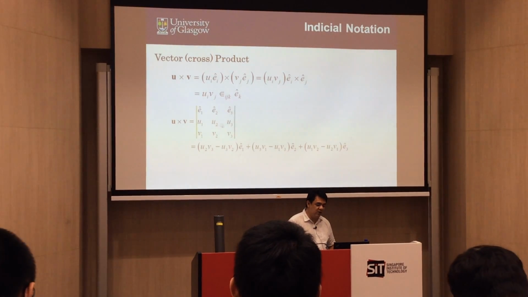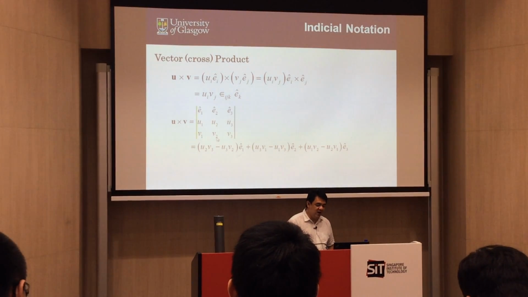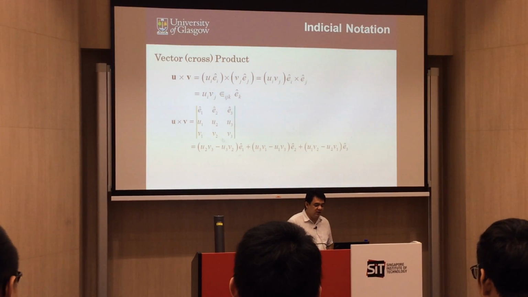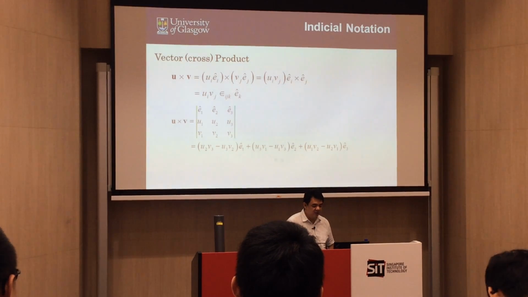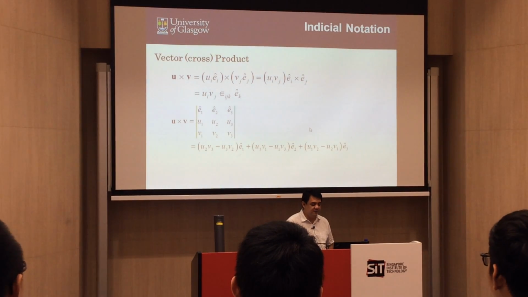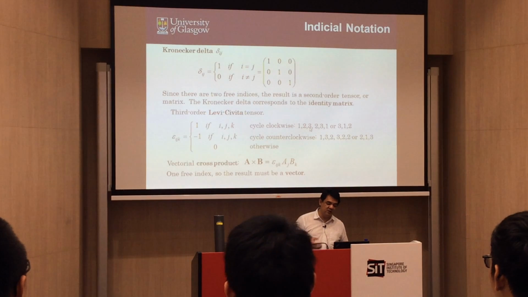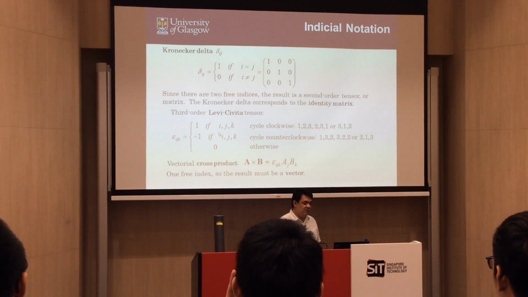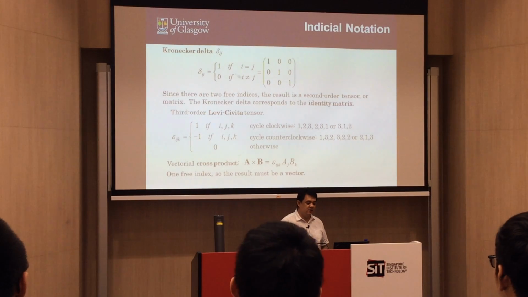So you have U1, U2, U3, V1, V2, V3. Then you have your unit vectors. Take the determinant. This is now your vector product. Again, Kronecker delta. And then you have now your permutation symbol. This one is second order normally, and this one is a third order.